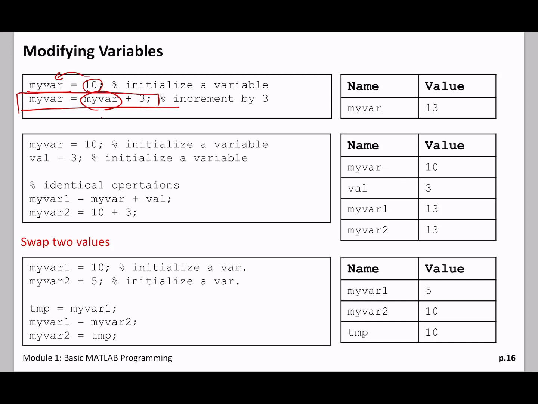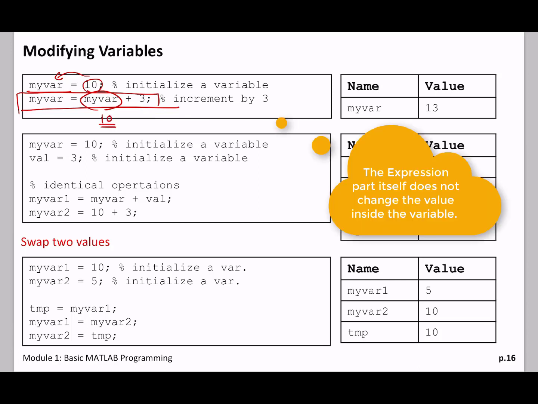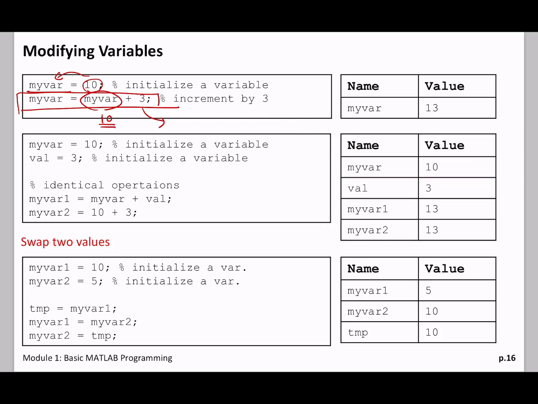In this case, it's 10, right? So this line is performed: first the expression is executed. The expression is 10 plus 3, so that's 13. So 13 is assigned to the variable, my variable. Once you run this script, in the workspace you will see 13 is assigned to my variable.